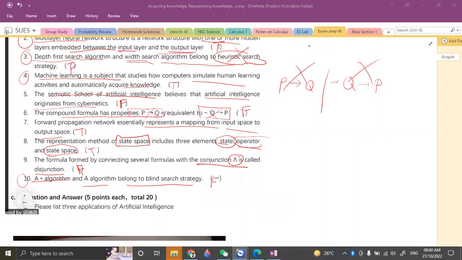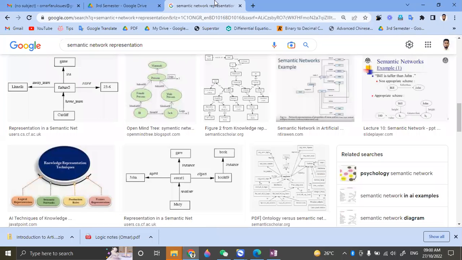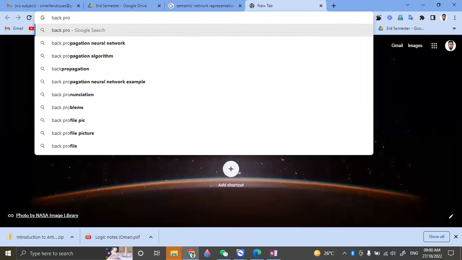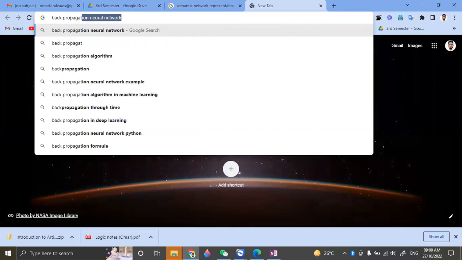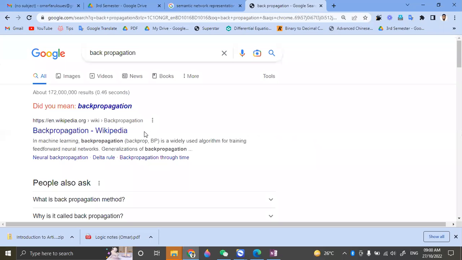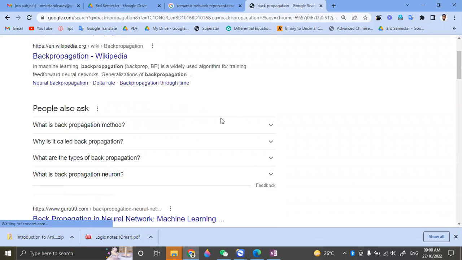Back propagation. Back propagation. Okay, I'm not sure. Let me start. Back to the blood Yeah, pressure. we call blood pressure. Okay, back propagation. Yeah, maybe. You know, sometimes when you go for blood test, so they say BP test. So back propagation, okay.